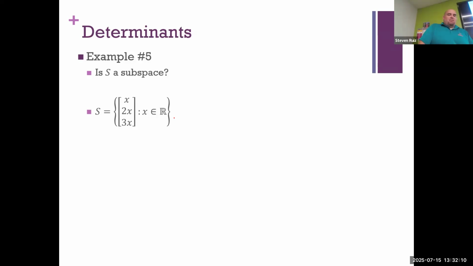So basically I can choose any real number and then the second coordinate will be doubled, third coordinate will be tripled. So I mean 1, 2, 3 is an example, right? All right. So how can we verify whether or not it's a subspace?